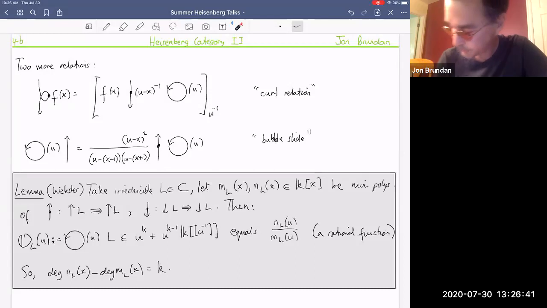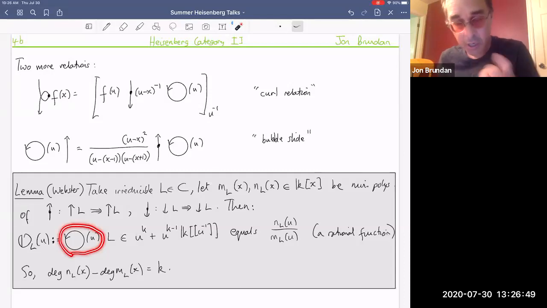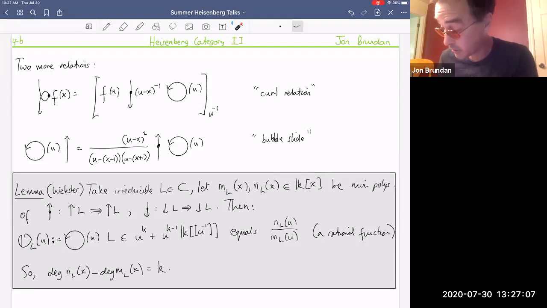These polynomials M_L(X) and N_L(X) somehow capture crucial information about the irreducible module L. So now I'm going to be interested in this counterclockwise dotted bubble generating function. Of course, things in the center of the category act on irreducibles as scalars by Schur's lemma. So when you take this dotted bubble generating function and evaluate it on L, you get a formal Laurent series with coefficients that are just scalars in our field.